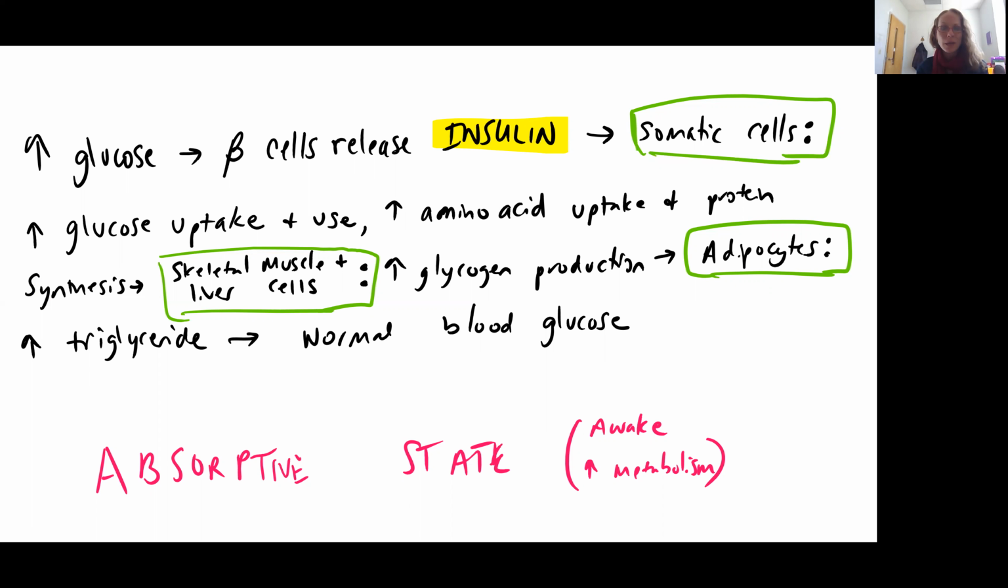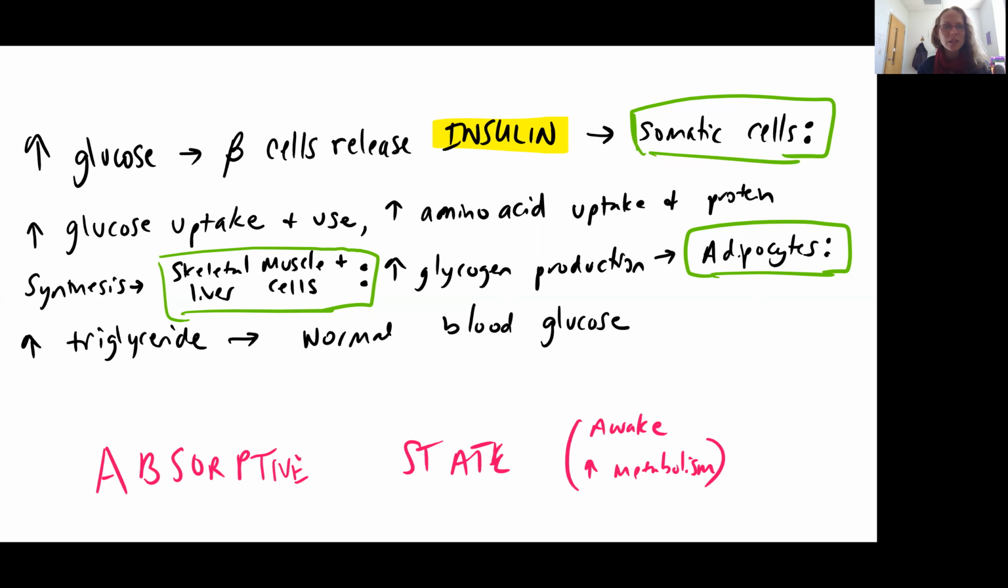Because we have lots of ATP, we can also increase our amino acid uptake and protein synthesis. Your skeletal muscle cells and your liver cells both can make glycogen, which is a polysaccharide storing glucose. And your adipocytes are going to increase their triglyceride production, storing fatty acids. And these activities will bring your blood glucose levels to normal.